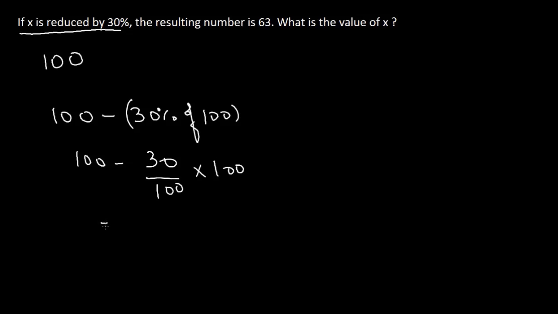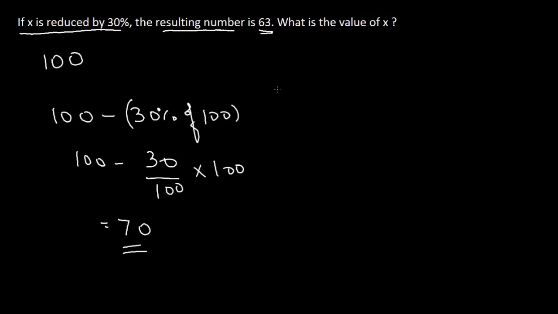This is equal to 70. Now, when x is reduced by 30%, the answer is equal to 70. But in the question, it is clearly given that the resulting number is 63.